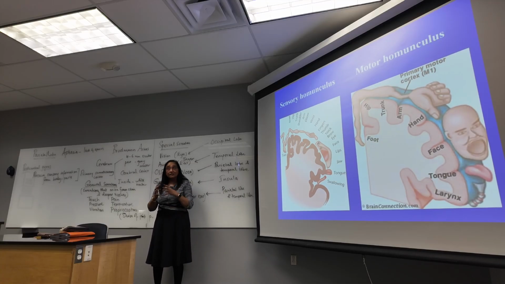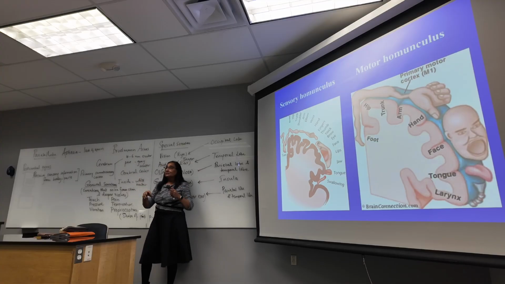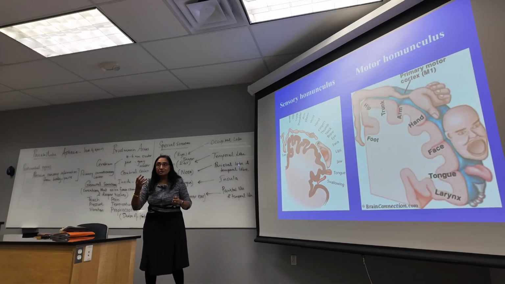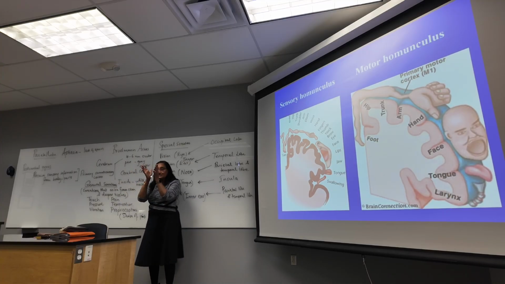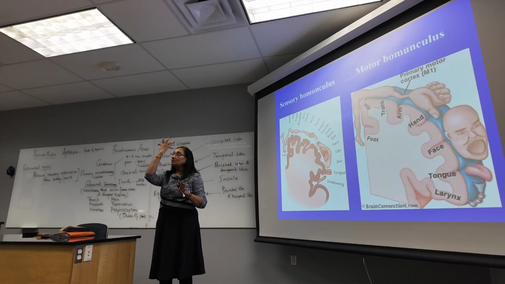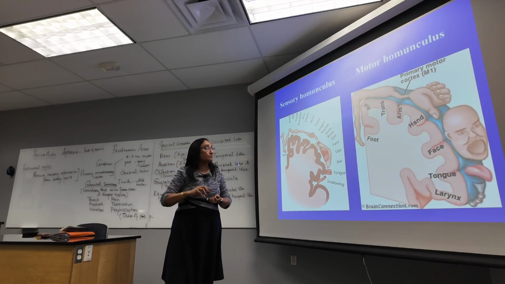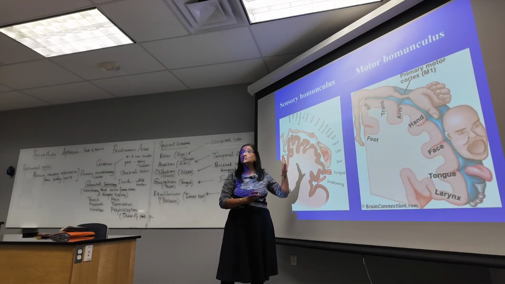Okay, when we did skin, we looked at receptors on the skin, Meissner's corpuscles, Pacinian corpuscles. So the skin of the hands and the fingers and the skin over the face has the maximum number of sensory receptors. It is the most sensitive region.